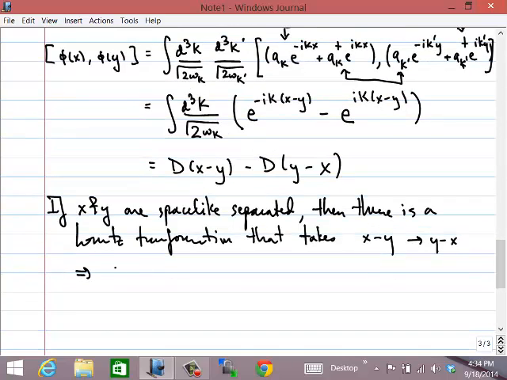And so this implies that D of x minus y is equal to D of y minus x for space-like separated points.